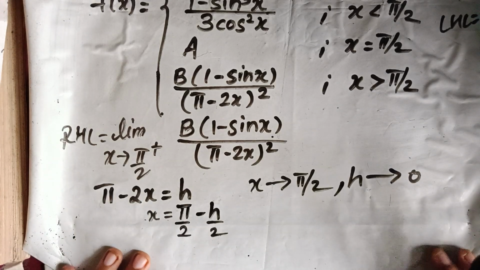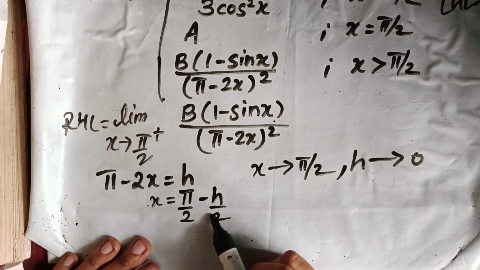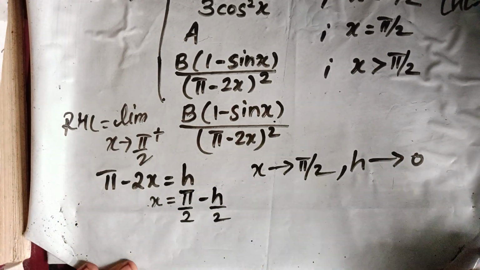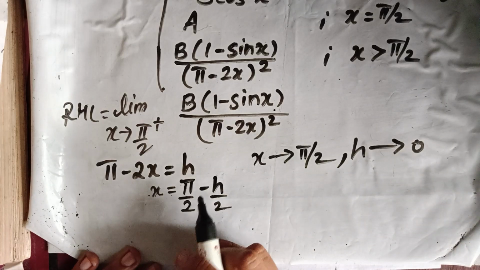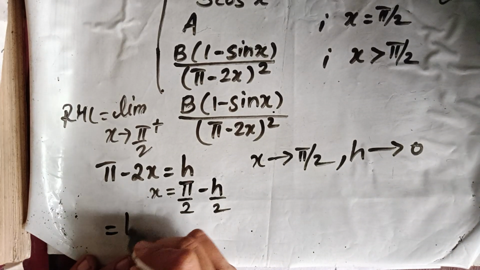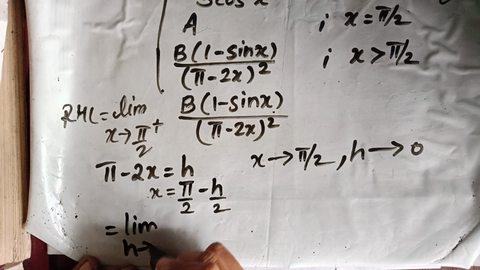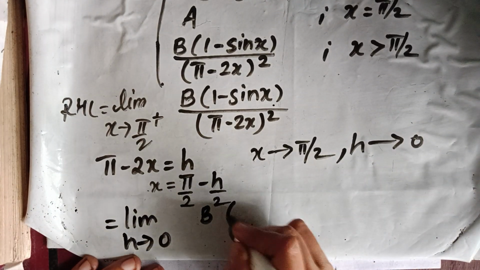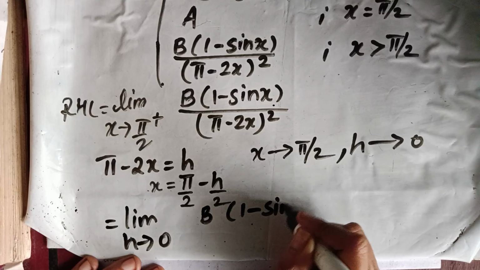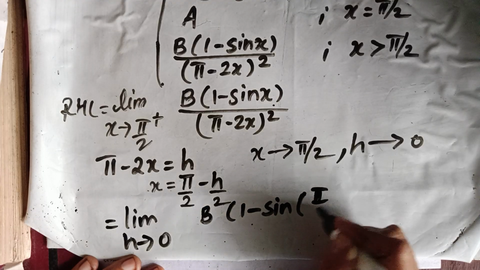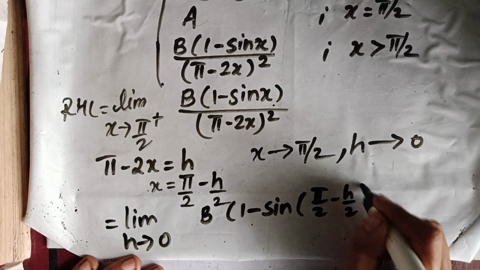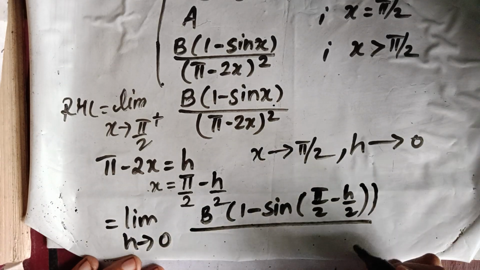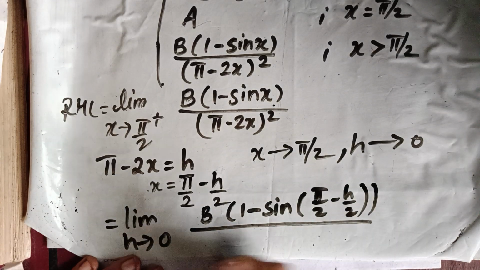So substituting this in place of x, we will get limit as h tends to 0 of b into (1 minus sine (pi by 2 minus h by 2)) upon h square.